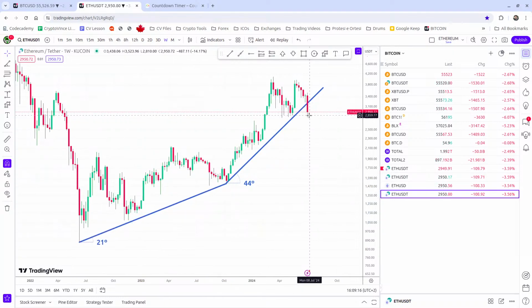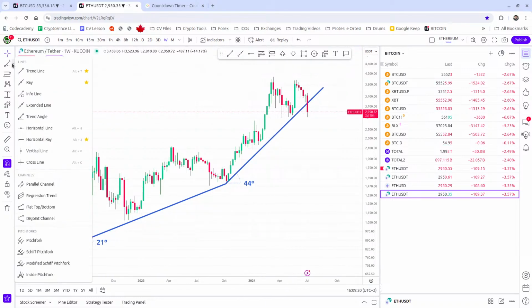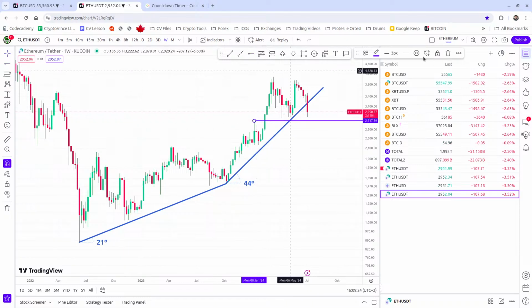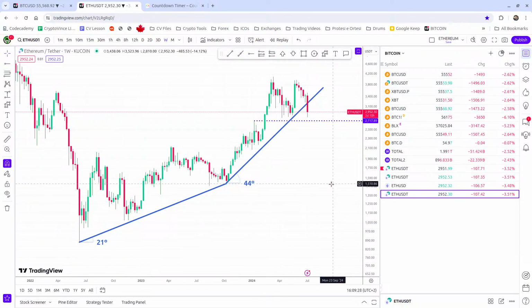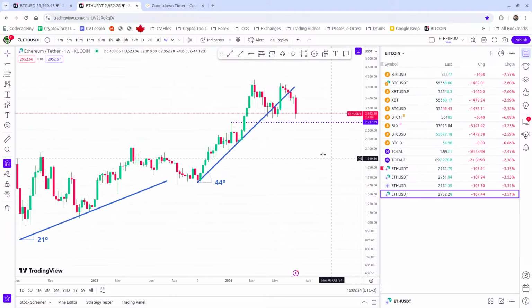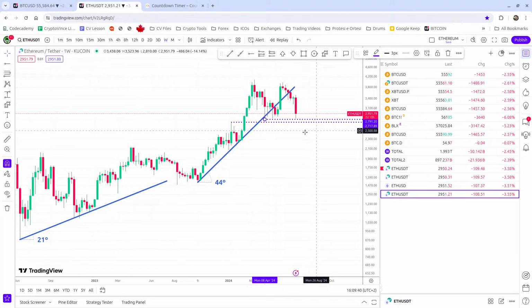So not a nice one. It's on the array right there. Yeah, the fact that it's protecting this low, it's more bullish than Bitcoin, to be honest.